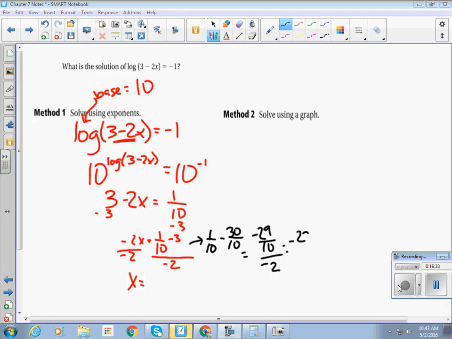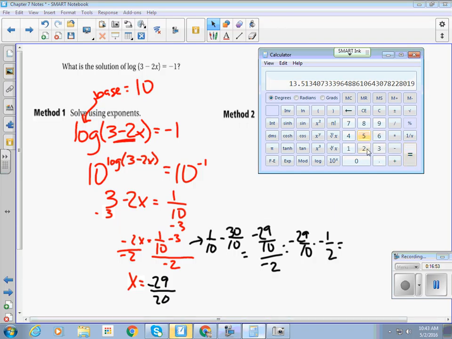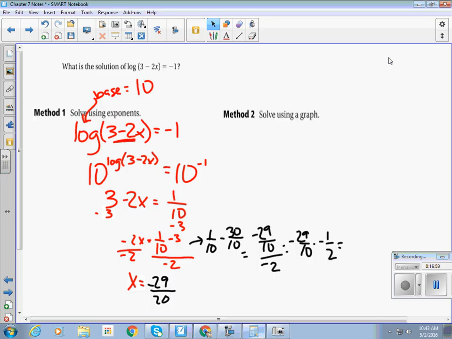So negative 29/10 times negative 1/2 gives me 29/20. I'm going to go ahead and put that in my calculator: 1.45.